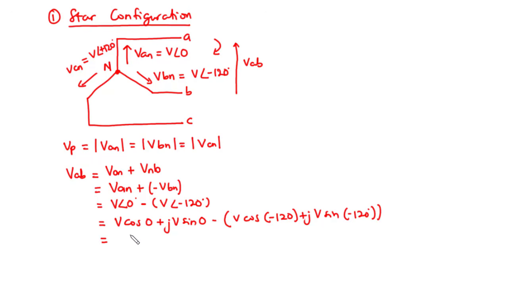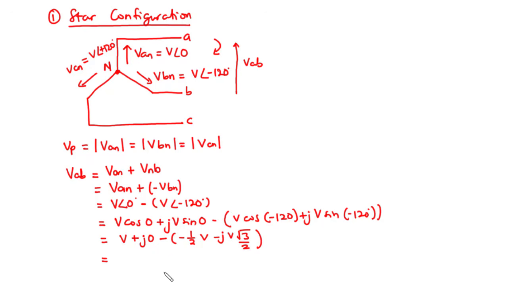Now let's simplify. So V cos 0 becomes V, and then jV sine 0 becomes 0, minus V cos negative 120 is negative 1 over 2 V, and then V sine negative 120 becomes negative V root 3 over 2.